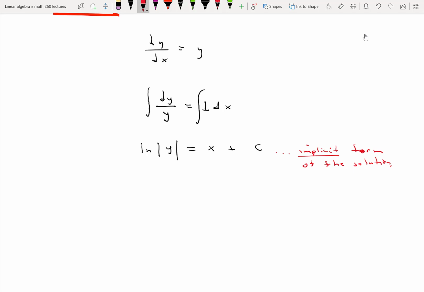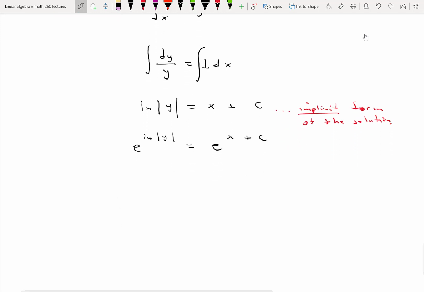So an explicit solution we get by solving for y. And spoiler alert, you can't always solve for y. It's not always possible to find an explicit solution. More of that coming up real soon. So suppose I want an explicit solution. Then I'll exponentiate. I'm going to take e to both sides. Remember from Calc 2, that's called exponentiation.